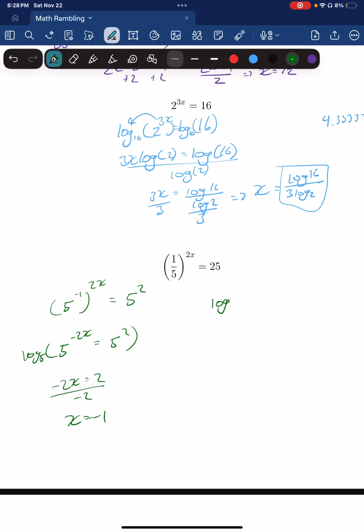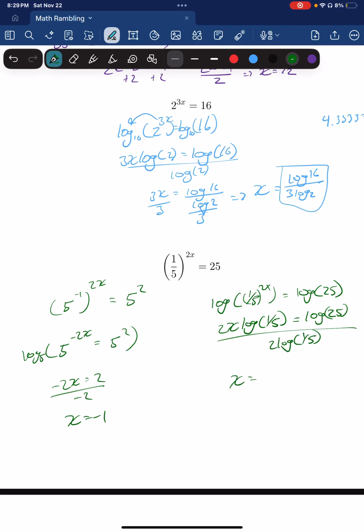Let's see. Log of 1/5 to the 2x equals log 25, so x equals log 25 over 2 log 1/5.